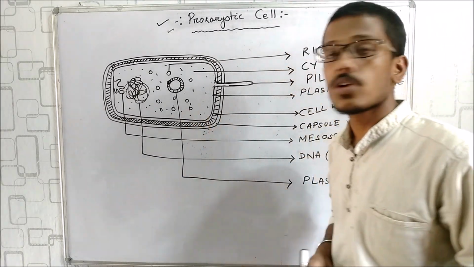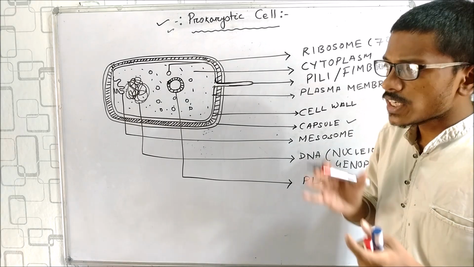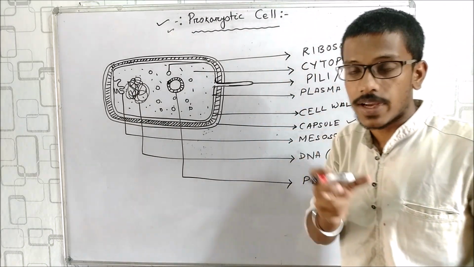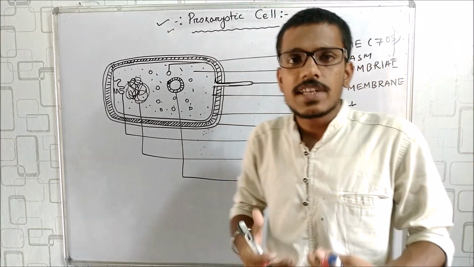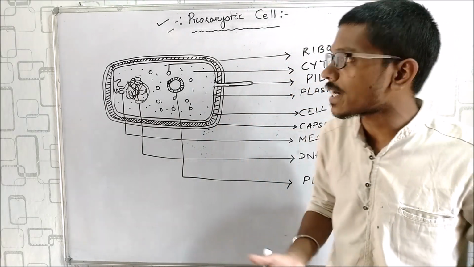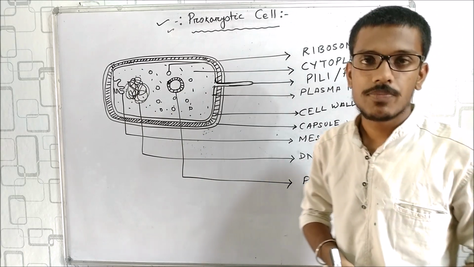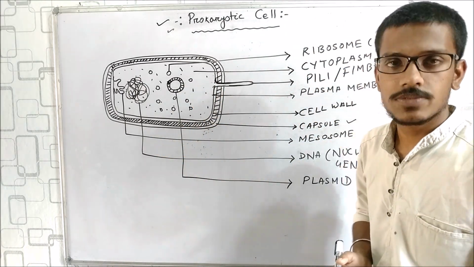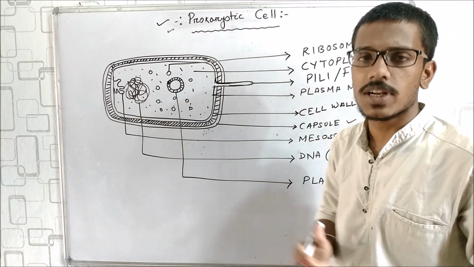So it gives resistance against antibiotics. If we apply an antibiotic against the bacteria, it will show a defense mechanism. This is one of the functions associated with the plasmid. This is the extra chromosomal genetic material.